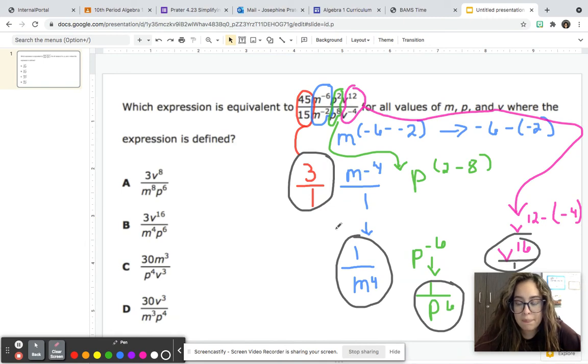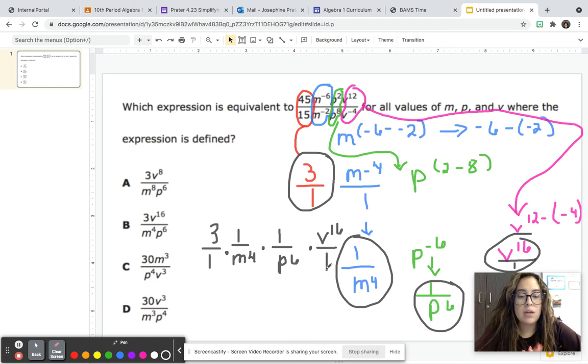So I'm going to do 3 over 1 times 1 over m raised to the 4, times 1 over p raised to the 6, times v to the 16 over 1. And I want you guys to do that, okay? I hope that helped.